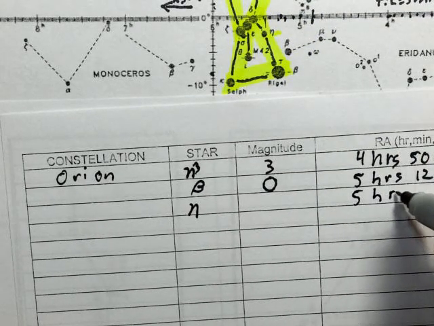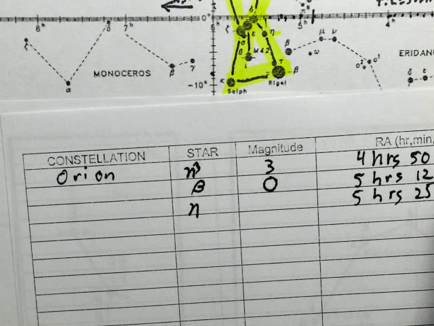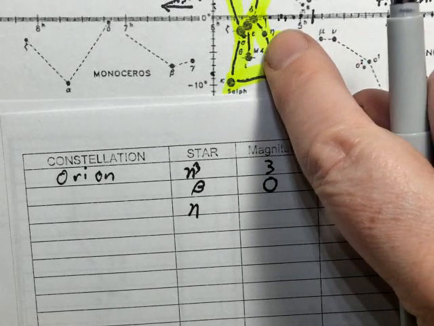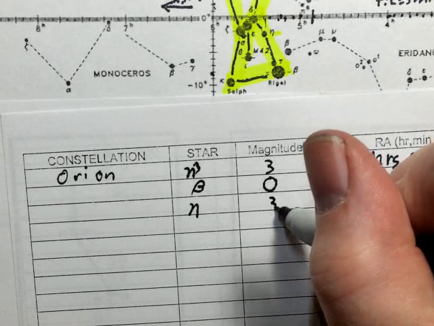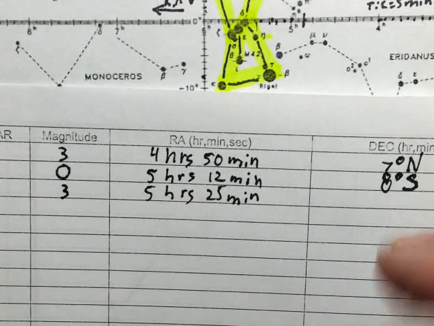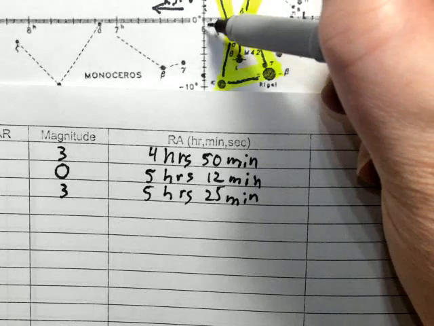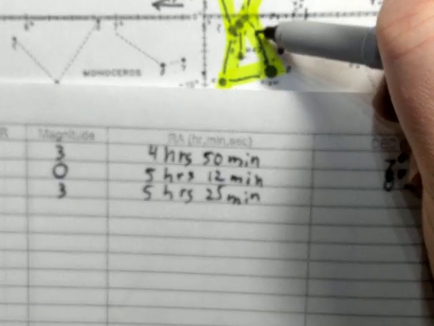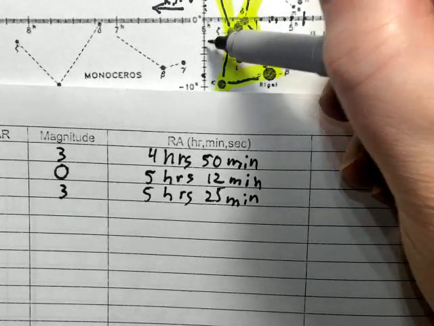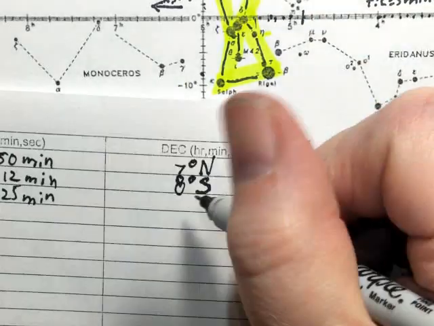So 5 hours, 25 minutes. Size-wise, I'd say it looks like a 3. And declination is just a few tick marks away from the equator. So 1, 2, maybe 3 degrees south.